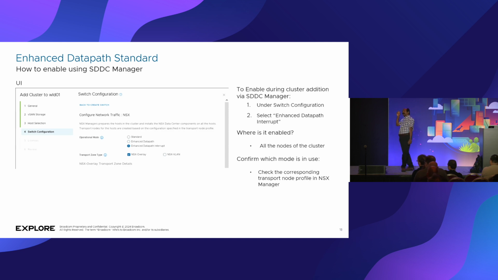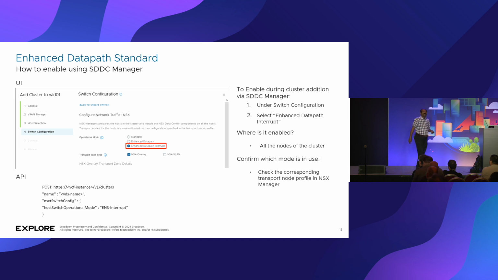You're going with enhanced data path interrupt mode, not enhanced data path, not standard. Standard is the default. By default, if you don't make any changes, that's where you would land. And this is a cluster-wide configuration. It would apply to the entire cluster here. And you have an API method too to actually enable this. If you're more comfortable going the API route, of course, you can do that too.